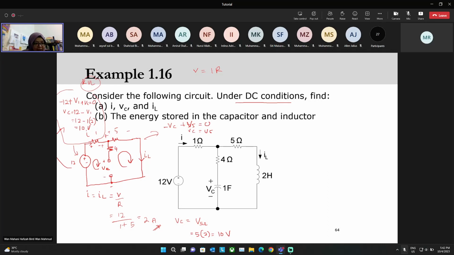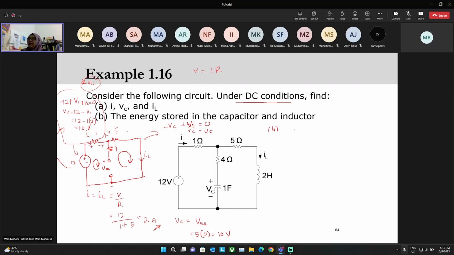Kalau on the left side, you ada 3 sebutan voltage: V12 ohm, 12 volt, V1 ohm dan juga VC. Okay? So rearrange, basically it's the same concept, cuma kiri dan kanan sahaja. Boleh ya? And then, itu A.